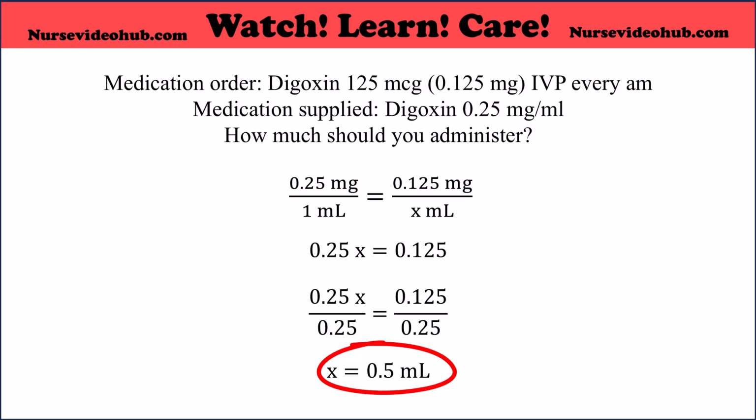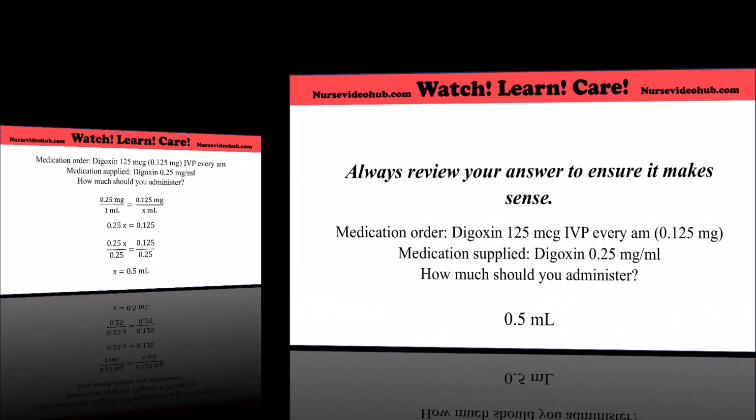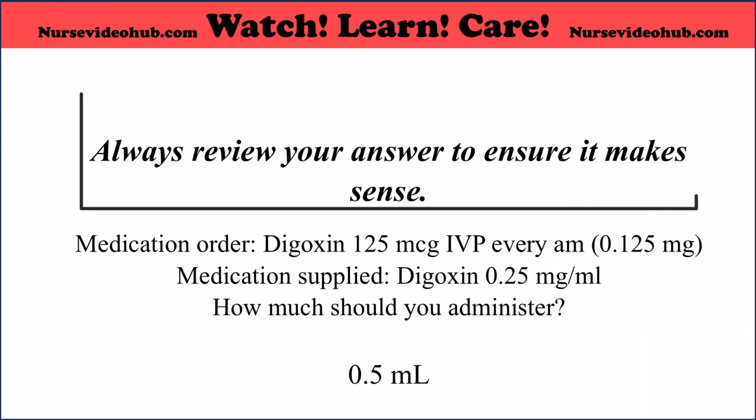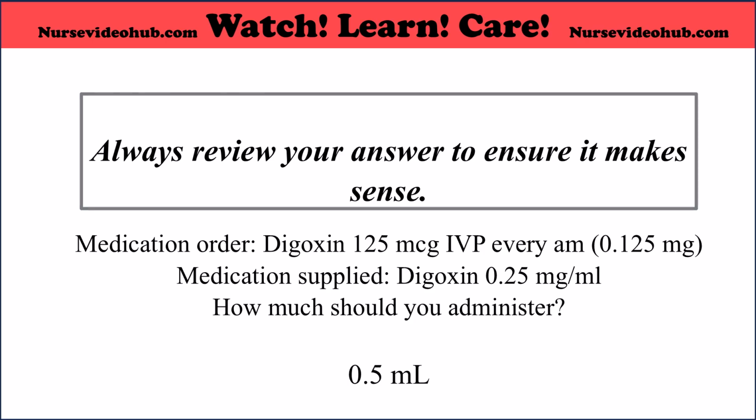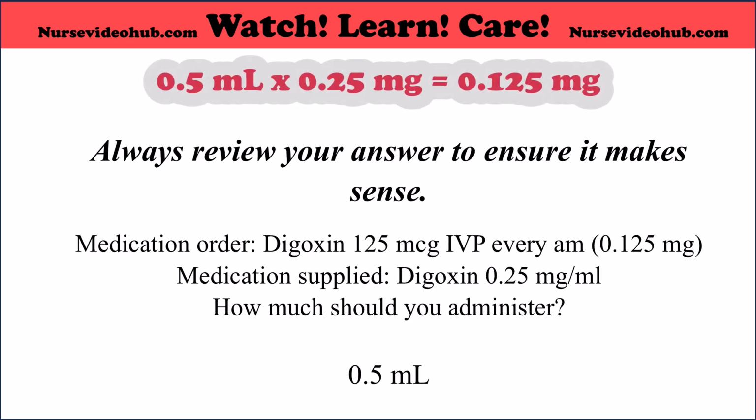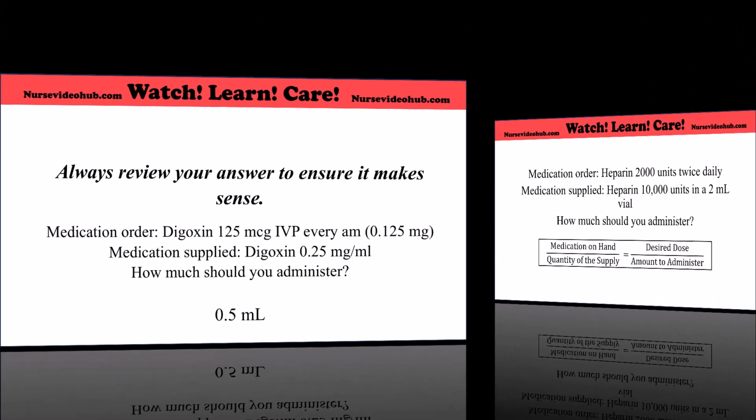Administer 0.5 milliliters of digoxin. Always review your answer to make sure it makes sense. The reverse method is to multiply 0.5 milliliters, the amount to be administered, by 0.25 milligrams, the concentration available, which equals 0.125 milligrams, the prescribed dose.